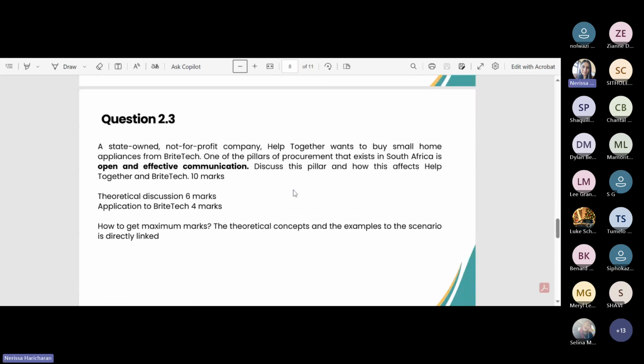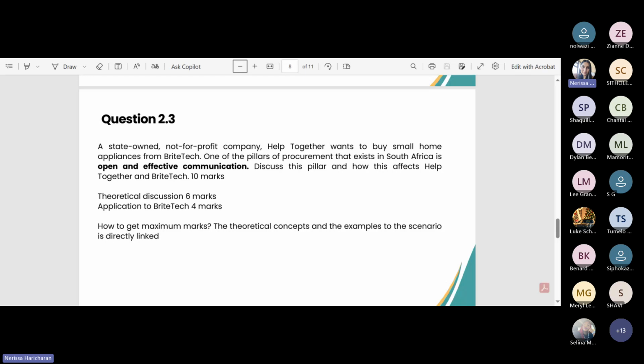Okay, question 2.3. A state-owned, not-for-profit company, Help Together, wants to buy small home appliances from BrightTech. One of the pillars of procurement that exists in South Africa is open and effective communication. Discuss this pillar and how it affects Help Together and BrightTech. So this was one of the questions that we've had, and they've told you that the pillar is open and effective communication.